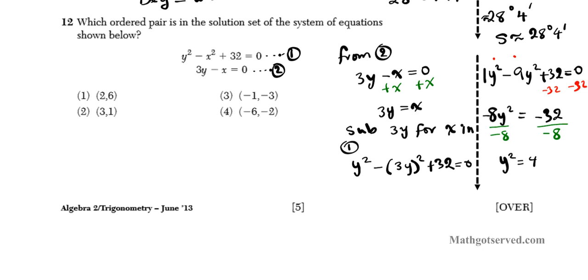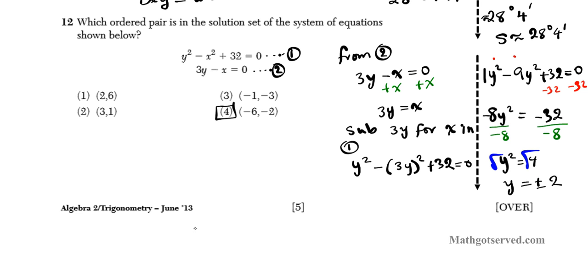Take the square root of the left side and the right side. And then you have y equals plus or minus 2. So you notice that there are two solutions for the y. So which of these has plus or minus 2 as a coordinate for the y? We can see that option 4 does. So there goes your final answer.